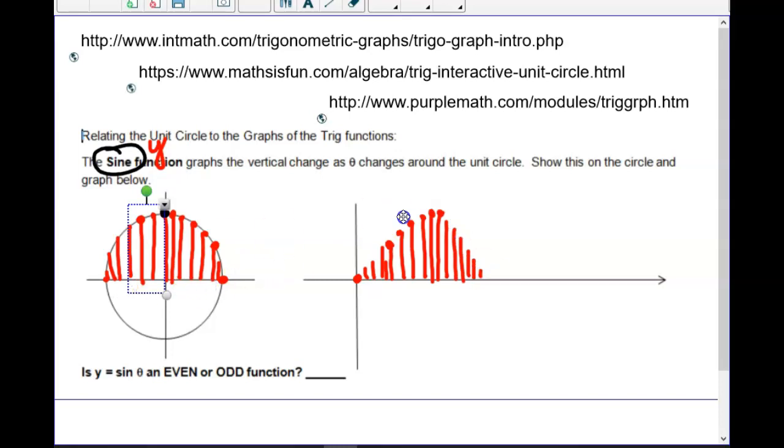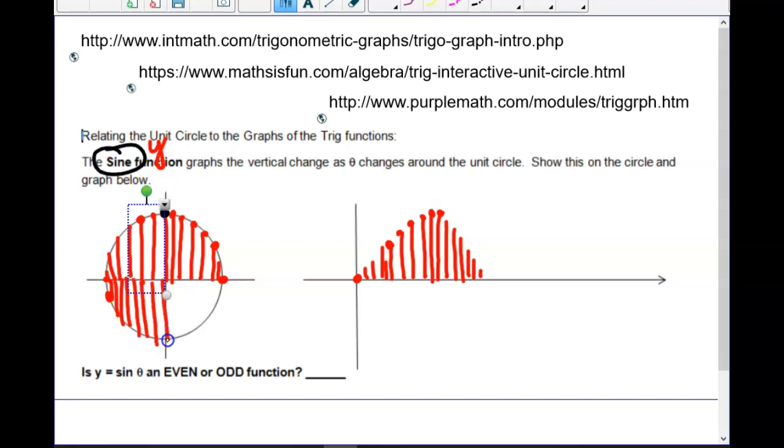Okay. When we get down into this quadrant, we got all the way to 0. And now as we go down this way, I pick a spot, I'm right here. What is the y value? Very short, yes? Positive or negative though? Guys, y values. Am I going up or down in that quadrant?